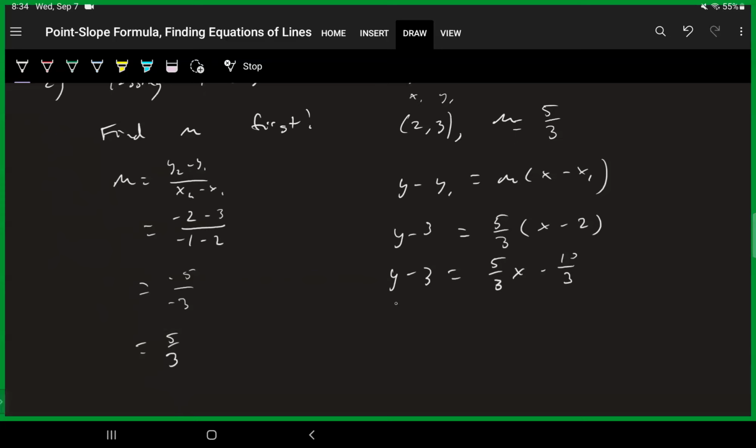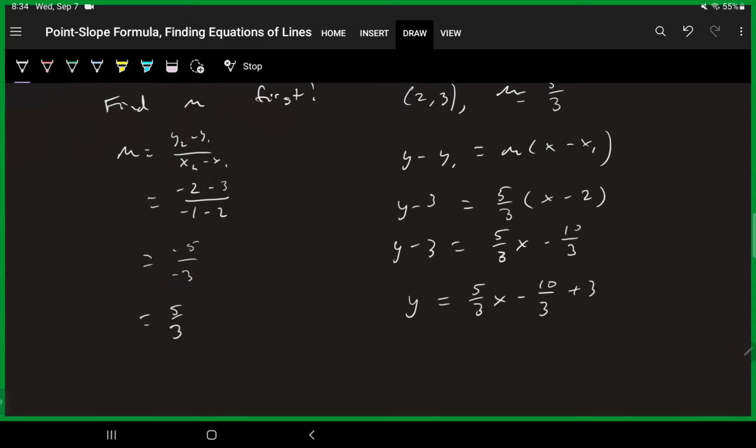Now, in order to put this in slope-intercept form, which is usually the form we want to work with, add 3 to both sides. Which means I have to work with that fraction over there because we need to clean this up. -10/3 plus 3.